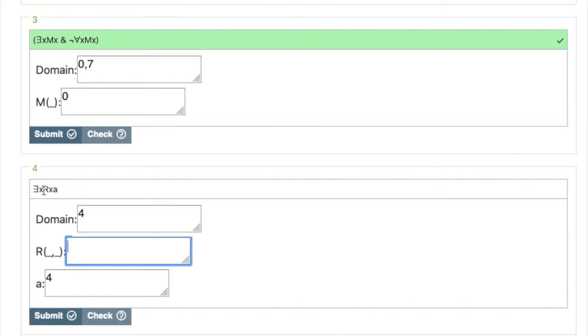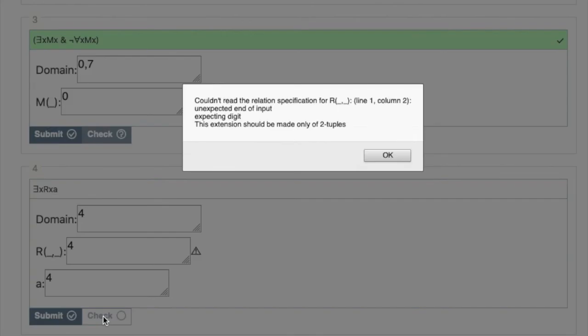Well, remember, and the trick for this one is, for a two-place predicate, we have to have pairs in its extension. If I just try to write 4, Carnap already throws up this little warning sign here. It says, couldn't read the relation specification for R. Unexpected input, expecting digit, and so on.